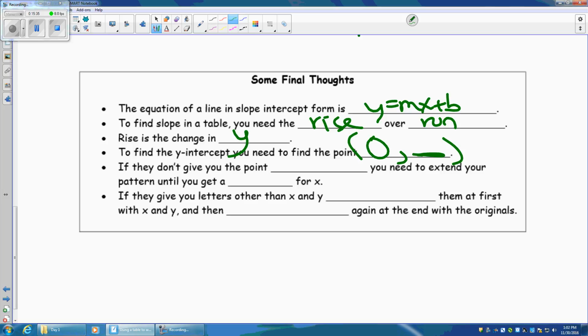If they don't give you the point 0, comma, whatever it is, you need to extend your pattern until you get a 0. If they give you letters other than x and y, replace them at first with x and y, and then replace again at the end with the originals. And that's it, guys. Thanks for watching.